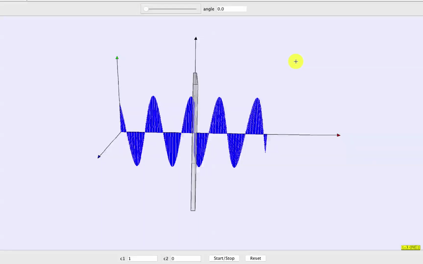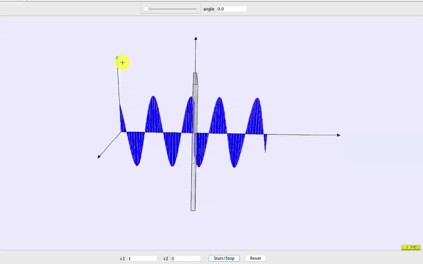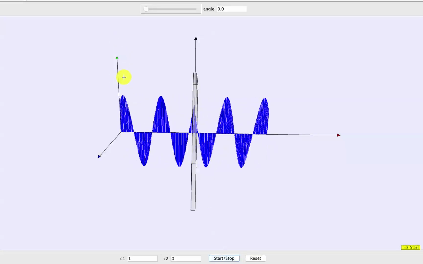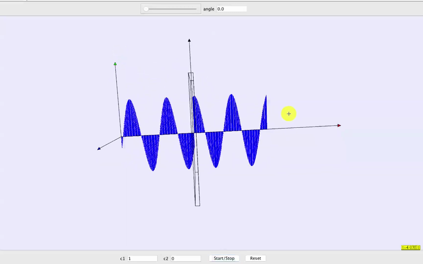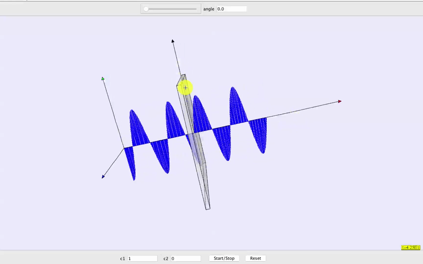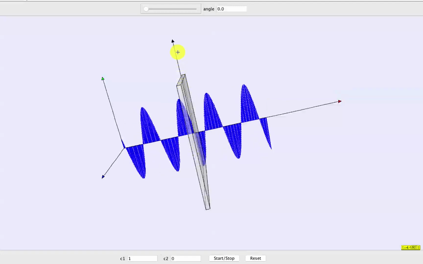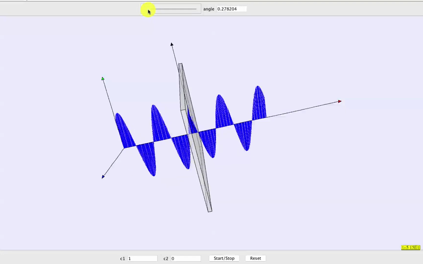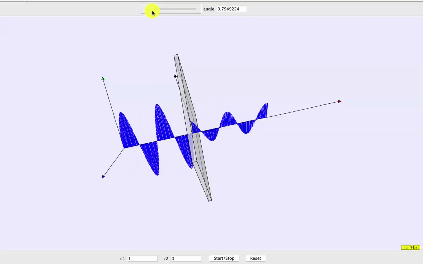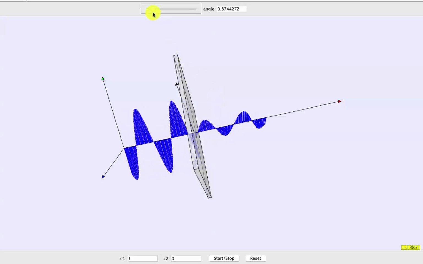Another quick look at the same phenomenon here. So here we have an electromagnetic wave polarized along this direction. And now I'm going to put a polarizer. That polarizer's direction P, the vector P, is along this. And now let me change the angle of the polarization, and you see that the wave that comes out gets less and less.